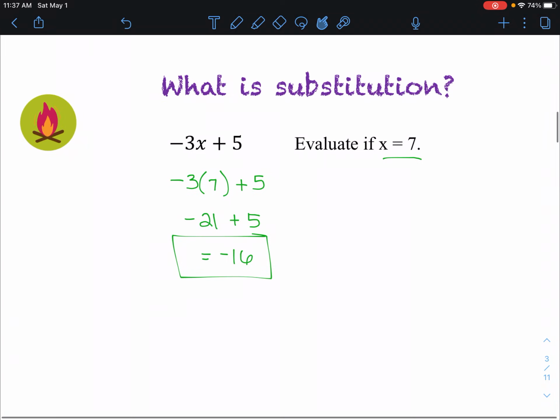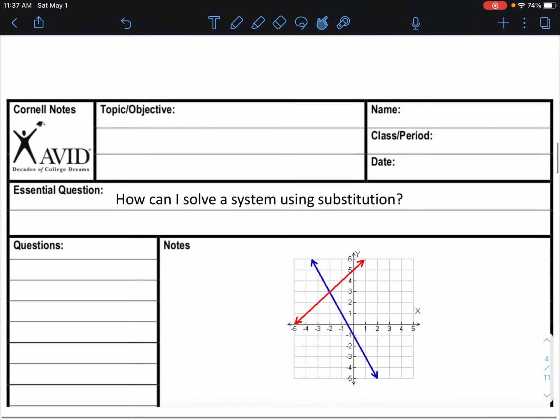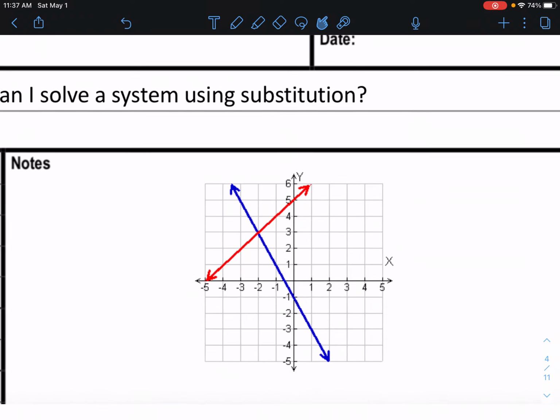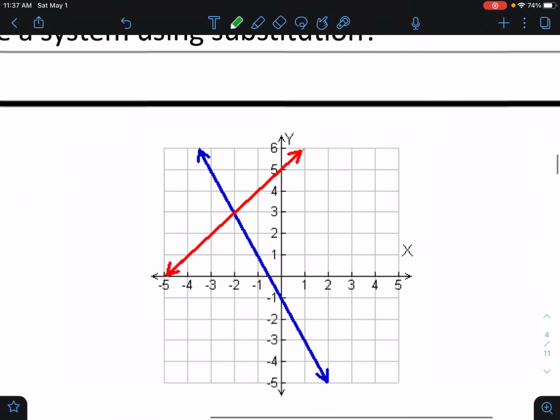Hopefully you remember that from your algebra and pre-algebra days last year. Okay, how can we solve a system using substitution? Remember, when we're solving systems, we are trying to find where they cross. Now, if you're given a graph, or you can graph it easily on your graphing calculator, then that point where they cross sometimes is pretty easy to find, and other times it's a little trickier.